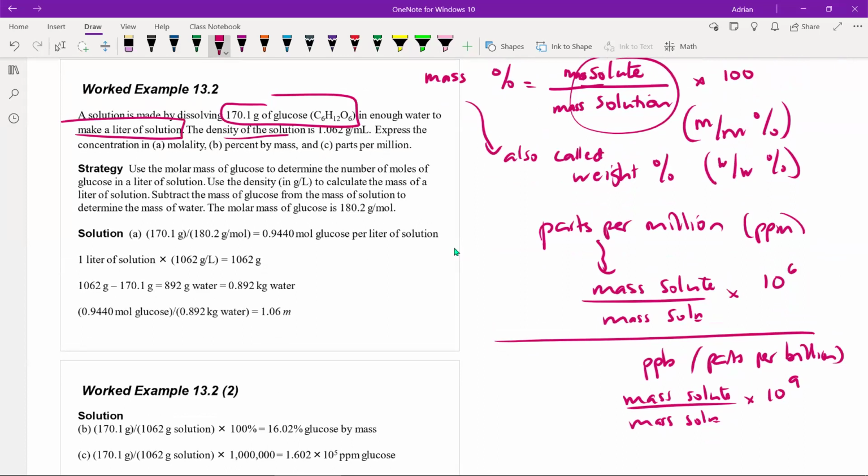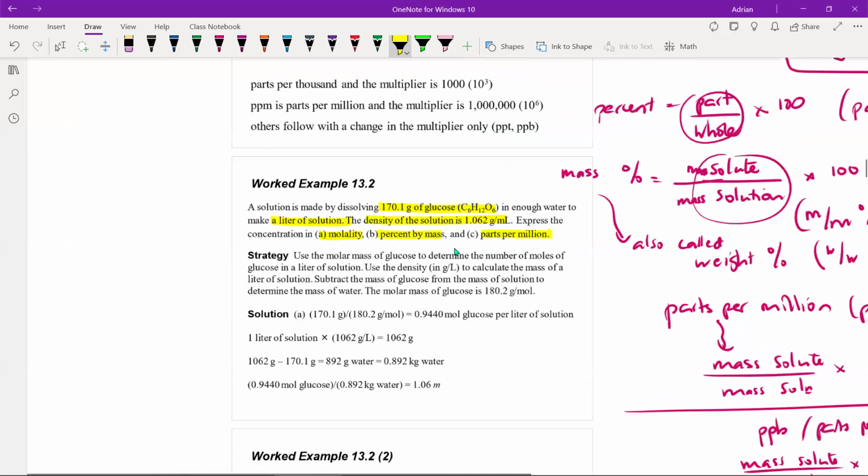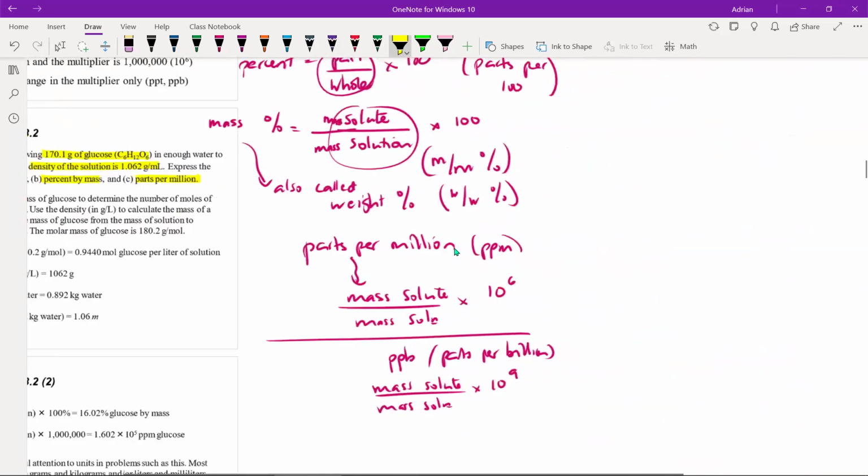They tell you the density of the solution is 1.06 grams per mL. I'm just going to highlight these instead. So the density is 1.06. Express the concentration in molality, percent by mass, and parts per million. All right, so we're doing all of those three things in this one problem. So let's see how we can approach this.